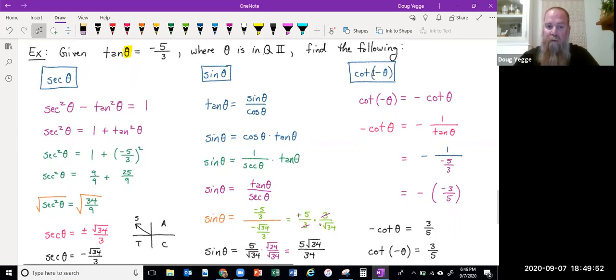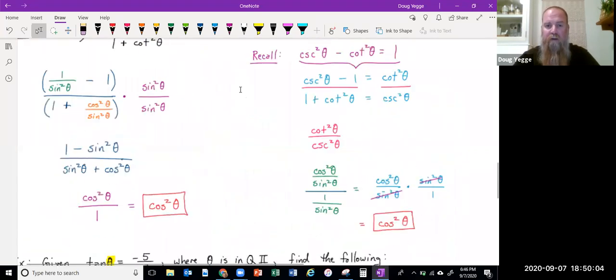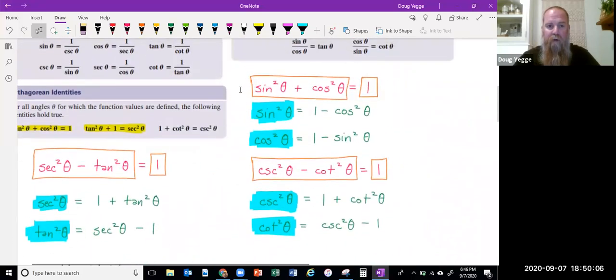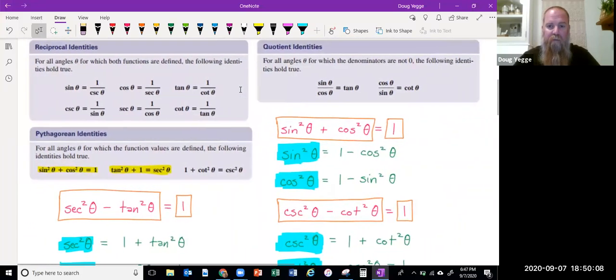And so the starting point is to always determine an identity that relates what's given with what we need. So these fundamental identities are going to continue to pop up through the rest of trigonometry. So really make sure that you're familiar with all of your trigonometric identities, all of your fundamental identities.